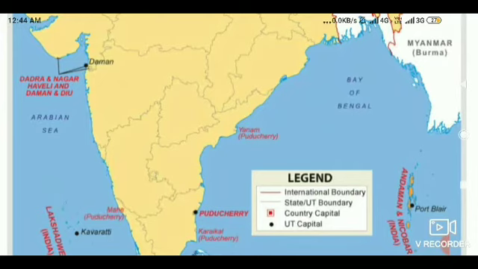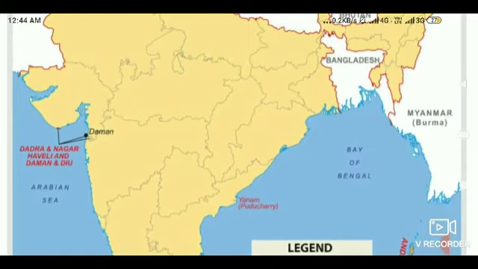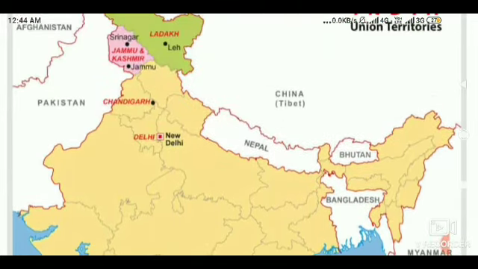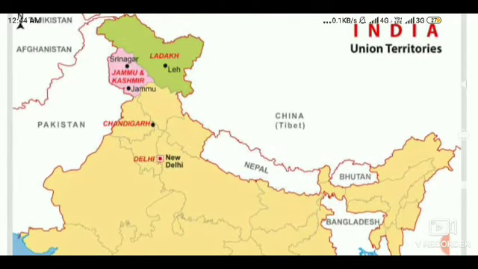Next comes Puducherry, then Lakshadweep, and here on the western side, Daman and Diu and Dadar and Nagar Haveli, and there in the north, it's Delhi, Chandigarh, Jammu and Kashmir, and Ladakh. Okay, these are the 9 union territories that belong to India.